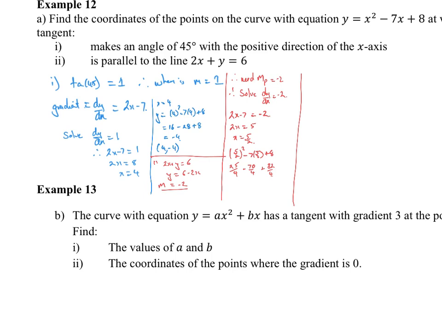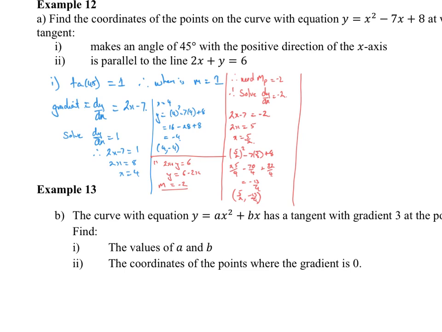So 25 plus 32 is 57, minus 70. What's that? Negative 13. Yeah. So the coordinate I'm interested in is the point (5 on 2, negative 13 on 4).